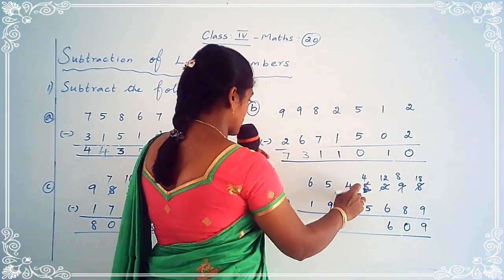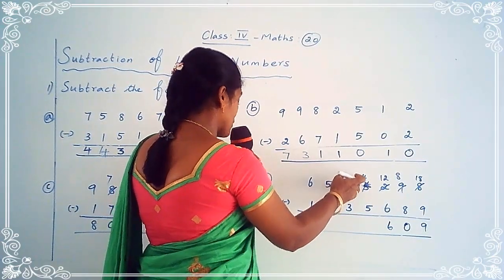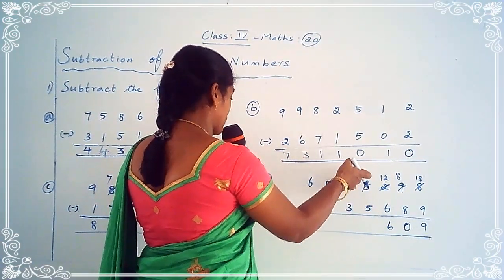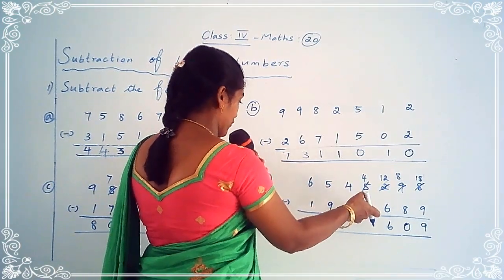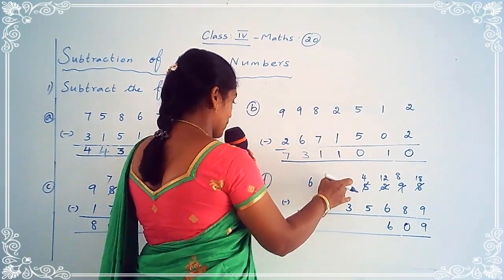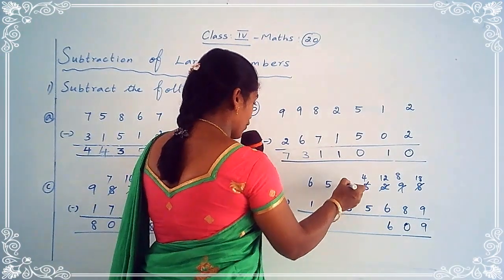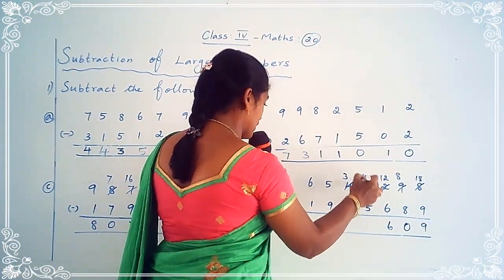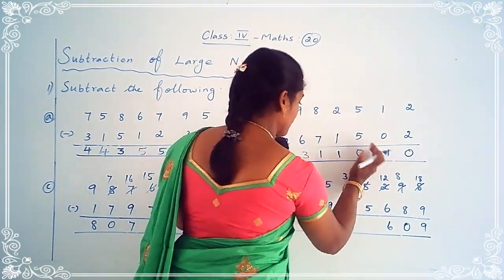Now you come to the next place, thousands place. Here thousands place have 4 and 5. So here it cannot be subtracted from 4 to 5. Yes children, so you go to the next place, get borrow. Here 4 is there. So 4 becomes 3, and this 4 becomes 14.